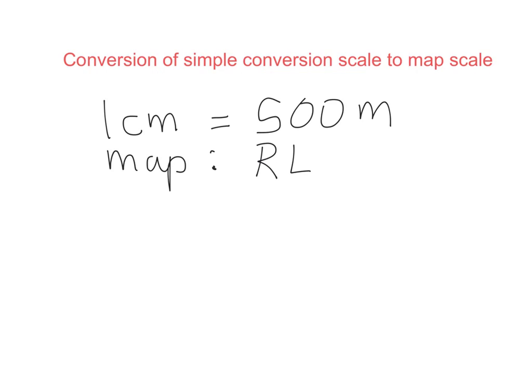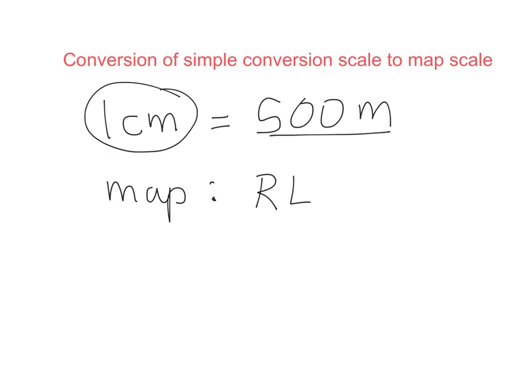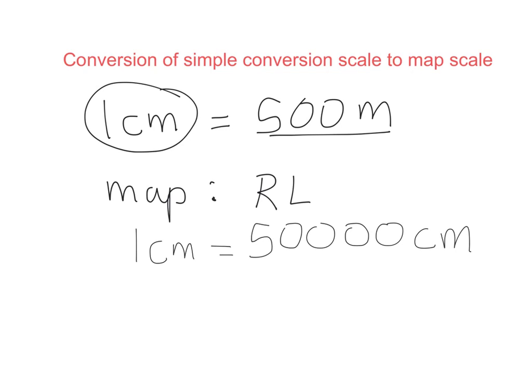As this one is already 1 centimeter, the easiest way would be to convert the other to centimeters. So we have 1 centimeter, and now all we have to do is convert the 500 meters to centimeters. To do that, we multiply by 100. Multiplying by 100 means just adding 2 zeros. So now they both have centimeters.